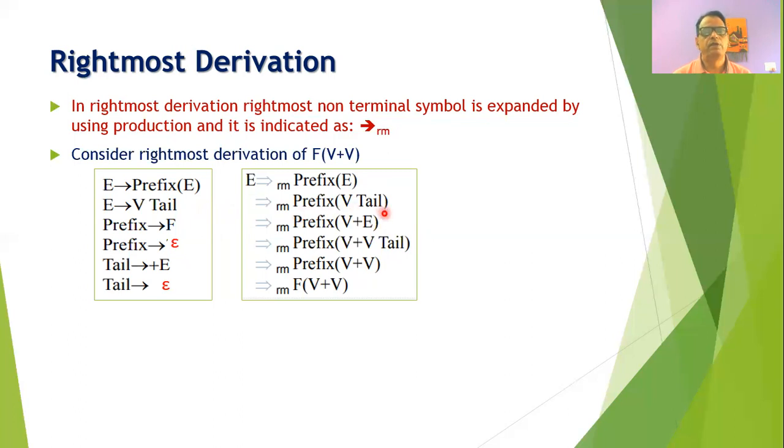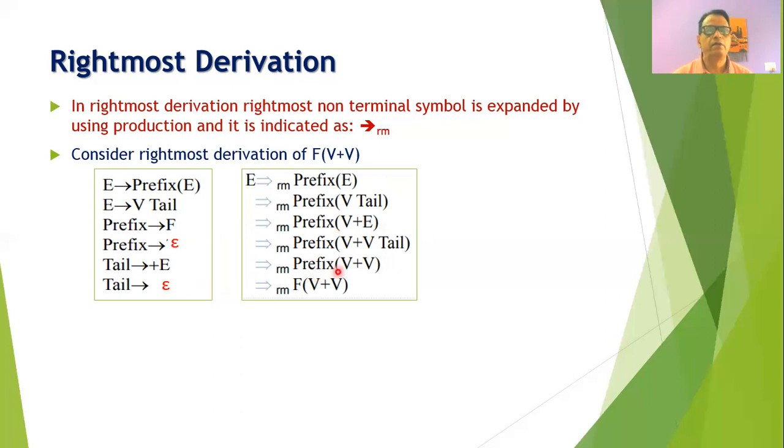Then tail is further expanded by using the production rule plus E, and therefore we get the string prefix (v+E). Further, E is expanded by using the production rule vtail, and therefore we get prefix (v+vtail). Then further tail is expanded by using epsilon, and therefore we get prefix (v+v).